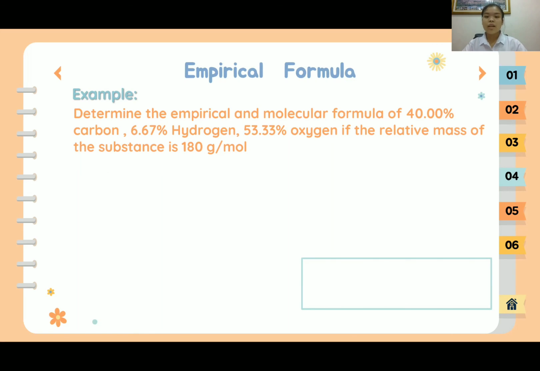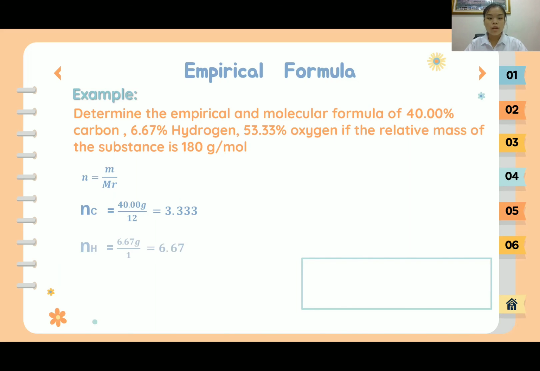To get the empirical and the molecular formula, we need to search the mole, that is mass divided by molar mass. First, let's start search for the mole of the carbon, which is the mass is 40 grams per the molar mass is 12, which is equal to 3.333.